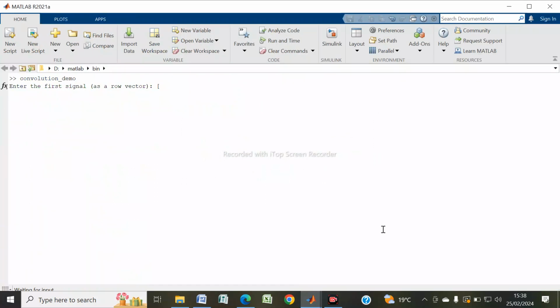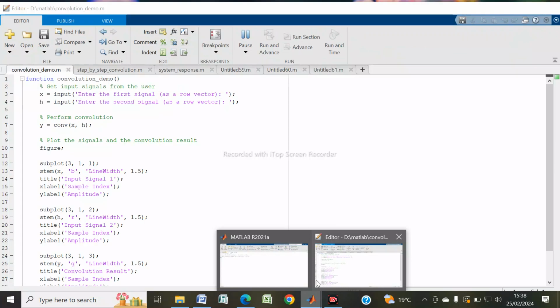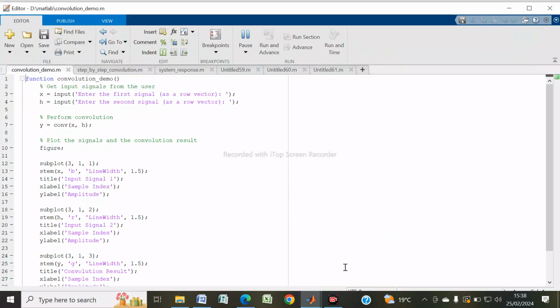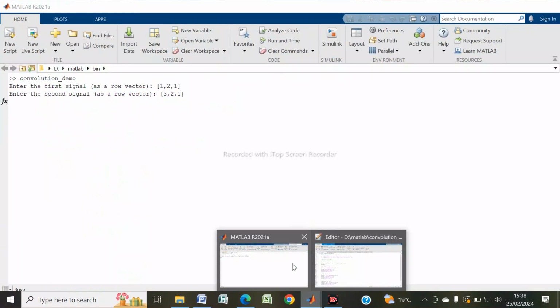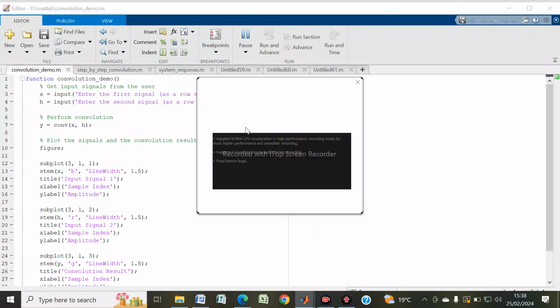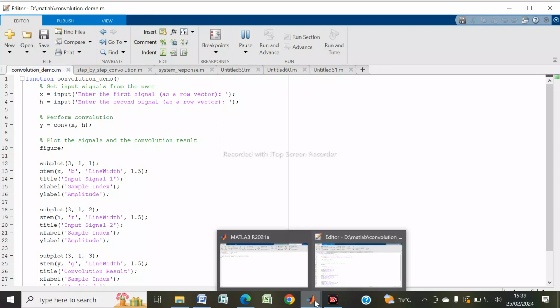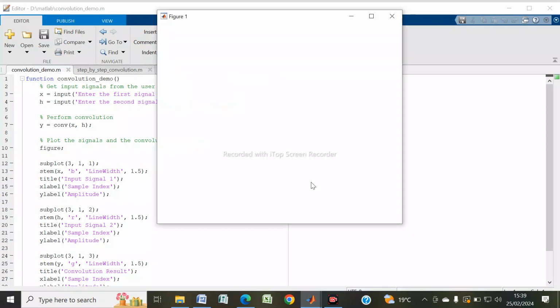you can see that it asks for one signal. So I give the first signal as this, and then the second signal as this, and when you convolve it, here it shows the graph.